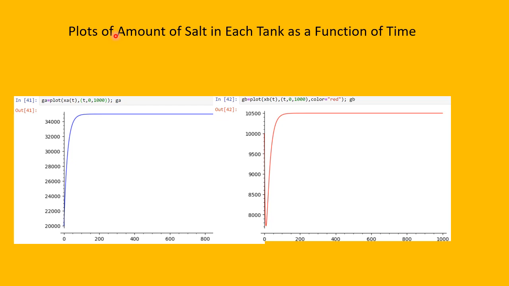So let's graph x sub A of t and x sub B of t. We'll have two plots for the amount of salt in each tank as a function of time. By using the command g a equals plot x sub A of t, t going from 0 to 1,000, and then show the graph g a. x sub A of t is a graph that looks like this.